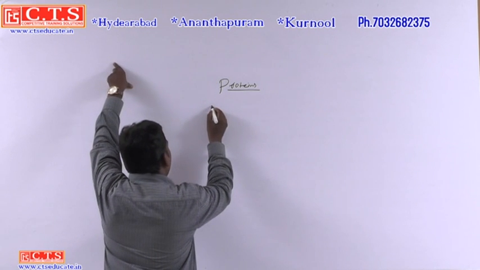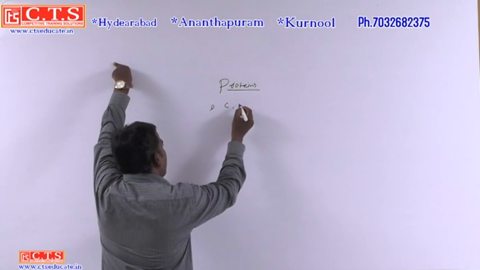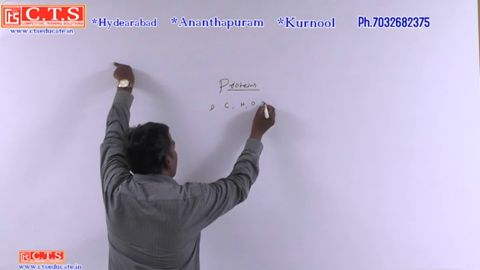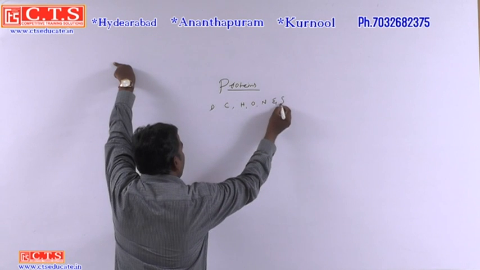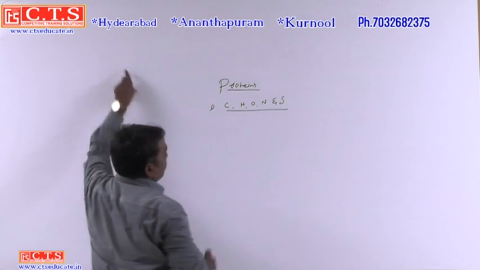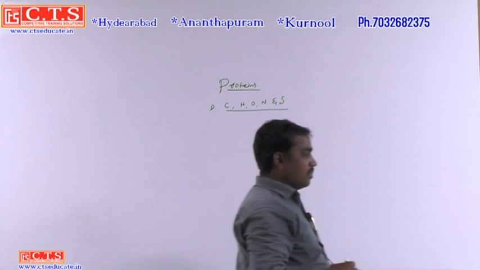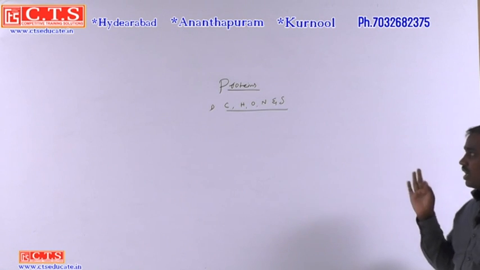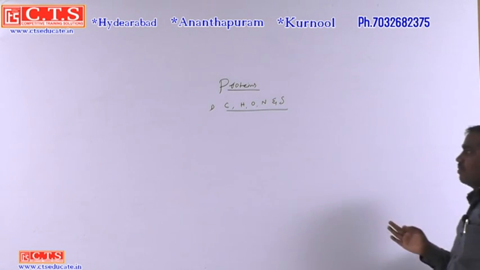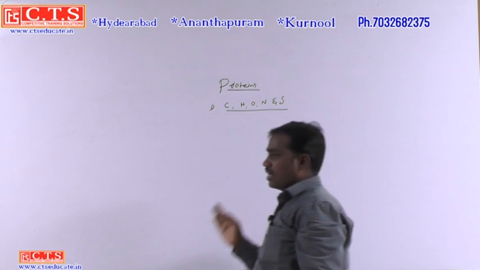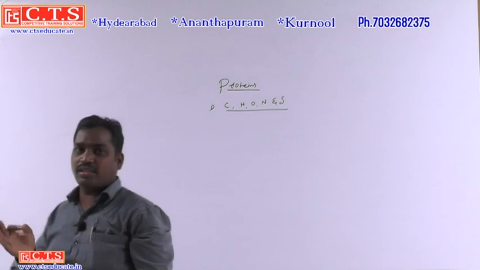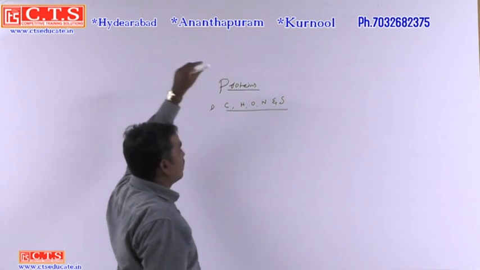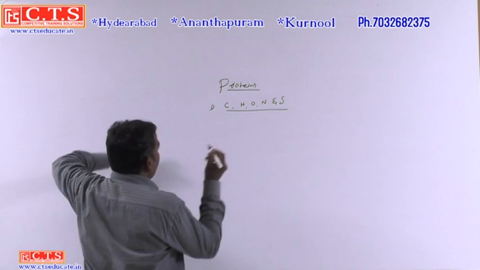Number one, the elements carbon, hydrogen, oxygen, nitrogen and sulfur are present in proteins.